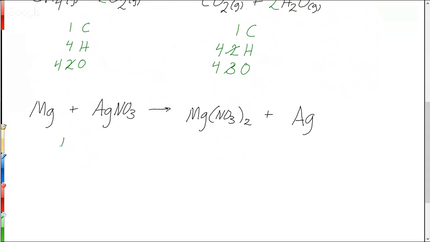One thing I would do here, so I've got 1 Mg on this side, 1 Ag, is I would recognize NO3 as the polyatomic ion nitrate. So rather than counting up individual N's and individual O's, I can recognize that NO3 stays NO3 for this whole equation, and therefore I can just count it as NO3 and save myself a little bit of work. So I can say there's 1 NO3 on this side, and this side's got 1 Mg, one Ag, and two NO3s.